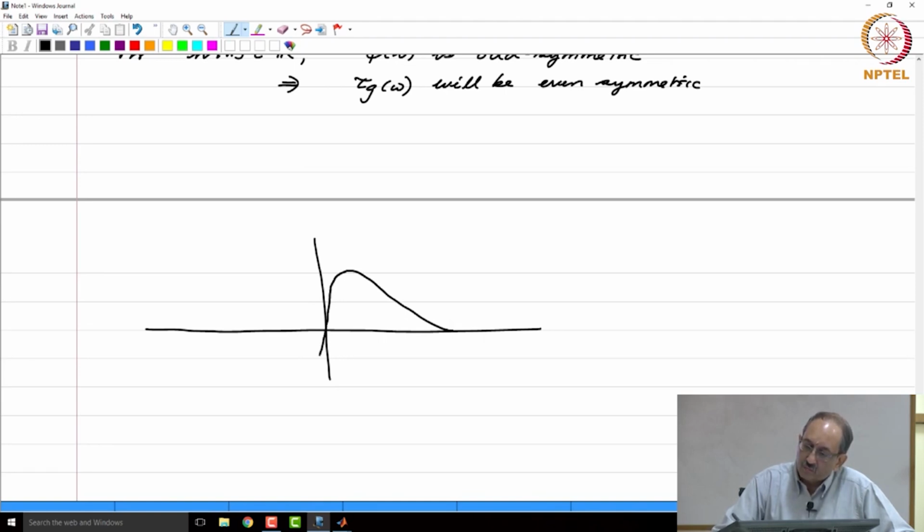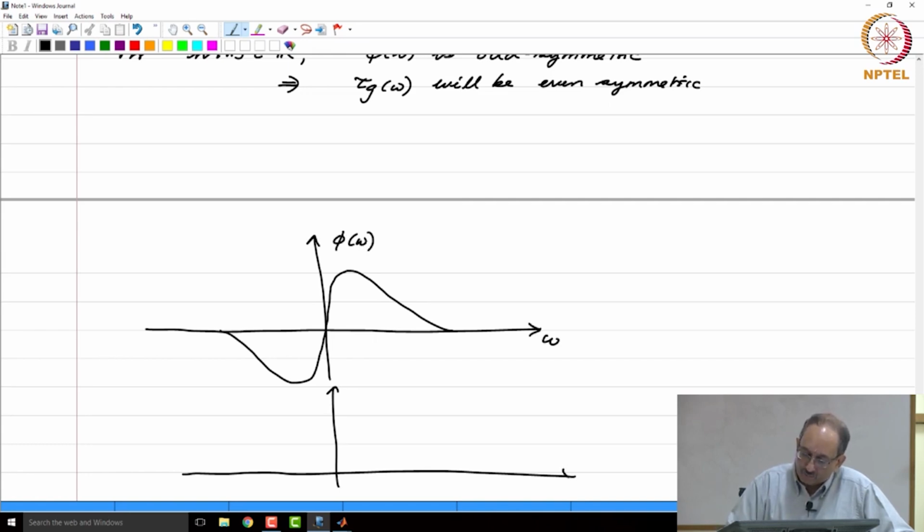The 0 or pole being very close will cause a very rapid change, and the corresponding group delay will have a spike, because that after all is the derivative of the phase.